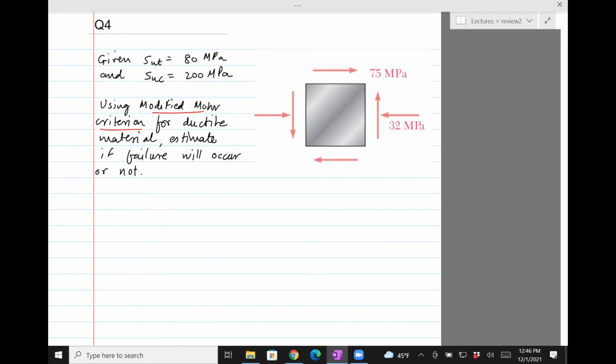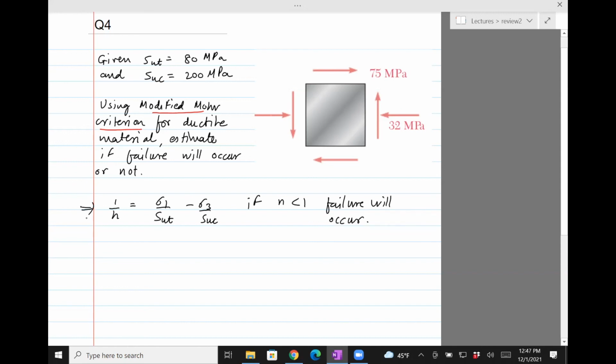The other way is you can use that equation and see if the left-hand side equals 1 or not. So the one I like to use is this one: 1 divided by n equals sigma 1 divided by SUT minus sigma 3 divided by SUC, and if n is less than 1, failure will occur. That's just saying that the maximum stress will be exceeded.